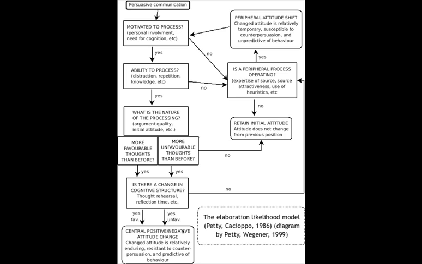But there actually have been studies that ask, what about source attractiveness when it comes to things like makeup, for instance, where centrally, in terms of favorable thoughts, ability to process, motivation to process, nature of processing, cognitive change of structure, it could be the fact that I want to look better. So makeup might be a much different thing when it comes to our ability to process. We may process this centrally because we're focused on attractiveness as the goal, if you will.